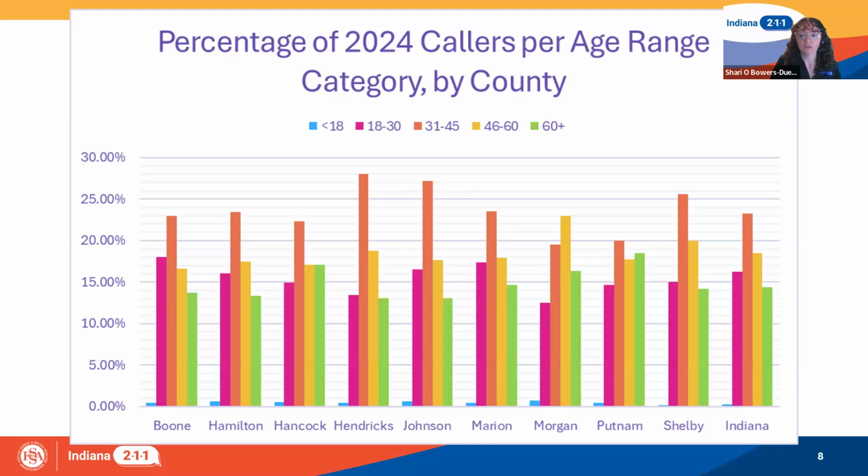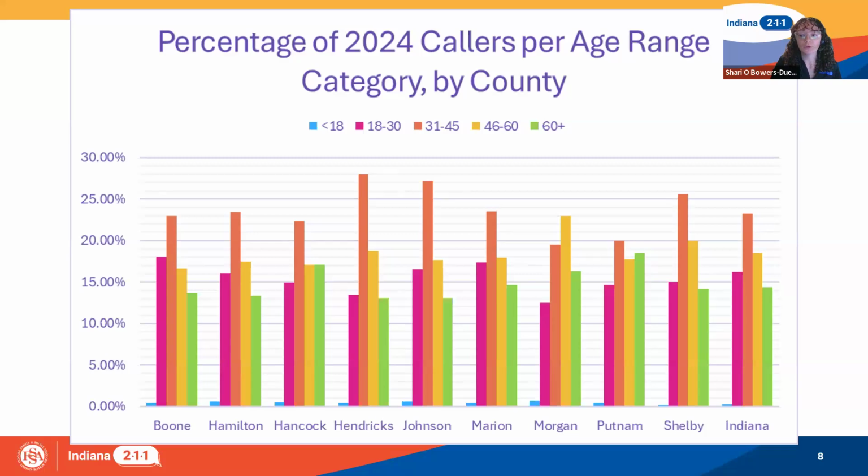For 6 of the 9 counties and for the state as a whole, the age group with the second largest percentage of callers was 46 to 60 years old, followed by 18 to 30 years old, and then 60 years and older. For Morgan County, the age group with the highest percentage of callers was 46 to 60 years old, followed by 31 to 45, 18 to 30, and then 60 years and older.